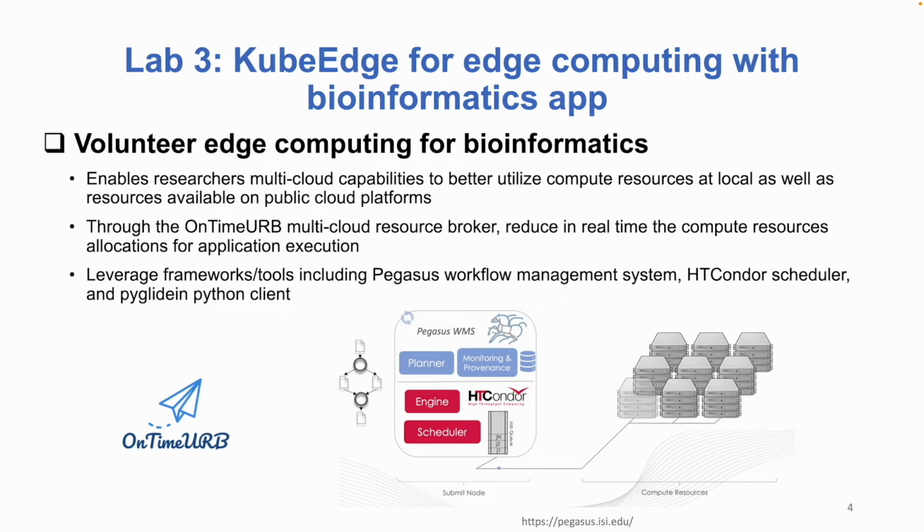The on-time URB leverages several frameworks and tools to make everything happen. These include the Pegasus workflow management system, the HTCondor scheduler, and PyGlidein, a Python client to be able to send the job to client nodes in a computing cluster. In the figure down below, you can see that the Pegasus system has a planner and a scheduler engine.